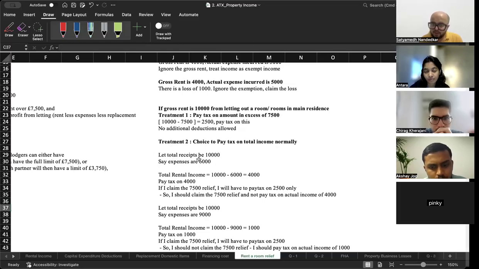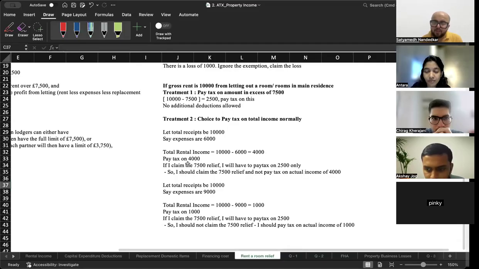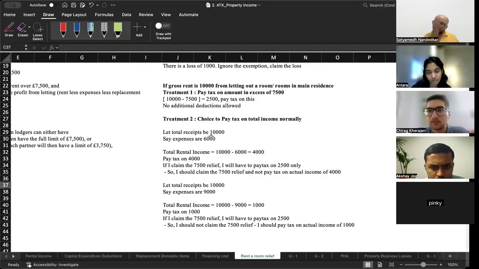Total receipt 10,000, expense 6,000, rental income 4,000, net rental income, pay tax on 4,000. If I claim 7,500 relief, then I have to pay tax on 2,500 only. Right? So, you have a choice. 10 minus 6, pay tax on 4, or claim an exemption of 7,500, pay tax on 2,500, whatever you prefer.